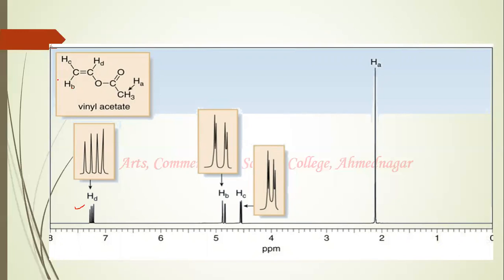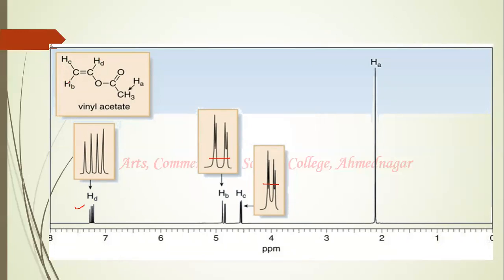B couples with C, a geminal coupling, a small value is there, and at the same time B couples with D, a trans coupling constant value is there. So now look at this doublet of a doublet, that is because of the B proton. You notice the difference in the doublet of the C proton also. The C proton couples with D with a cis coupling constant value, and it couples with the geminal coupling constant value.